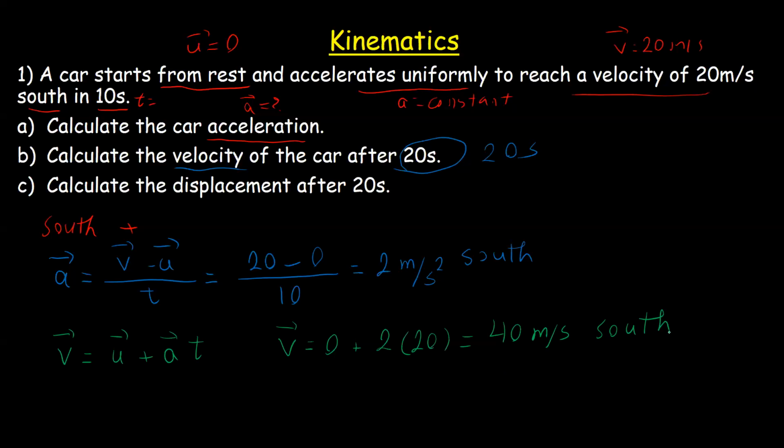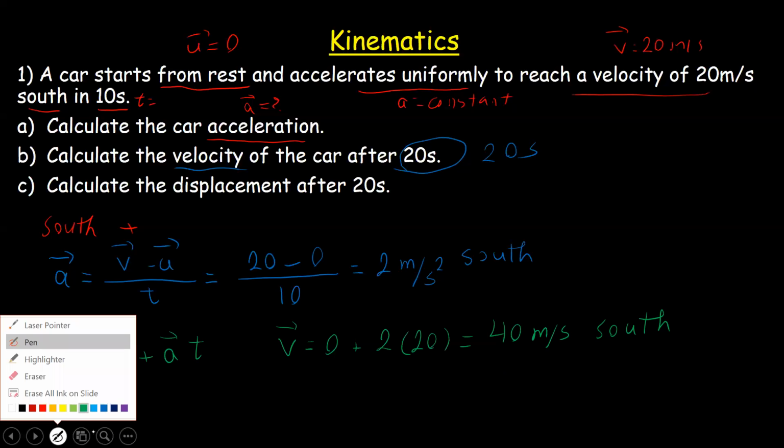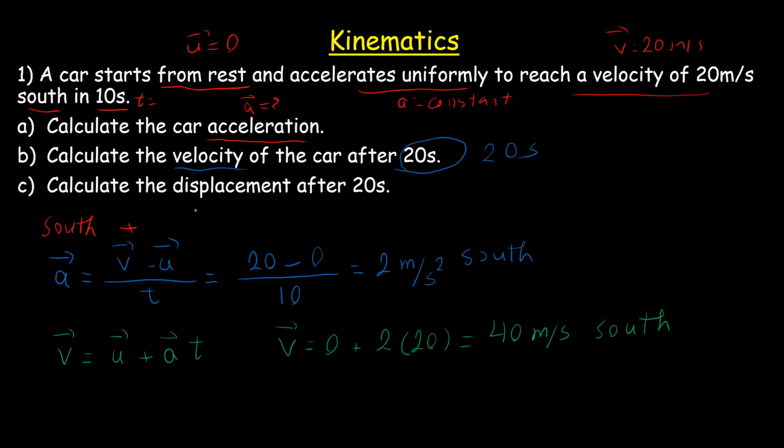Part C, calculate the displacement after 20 seconds. This time, they're asking for delta S. Time is 20 seconds. The formula that we know for S is ut plus half a t squared.